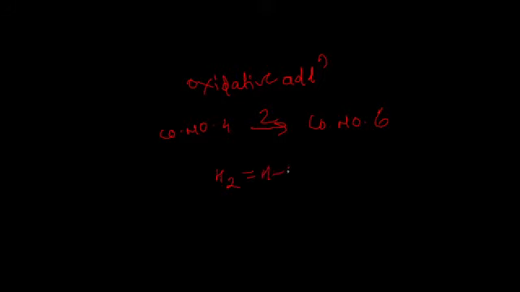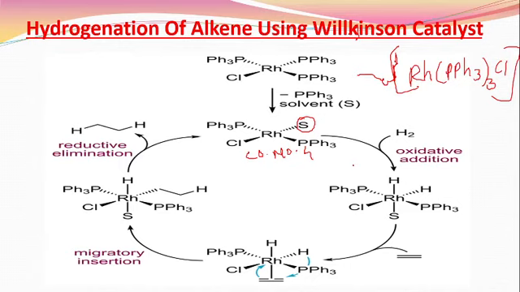This H-H breaks and the two hydrogens are added separately to the metal in this manner. The oxidation number of this catalyst increases: here it is 1, and after the addition of these two hydrogens it goes up by 2. This is called an oxidative addition reaction.